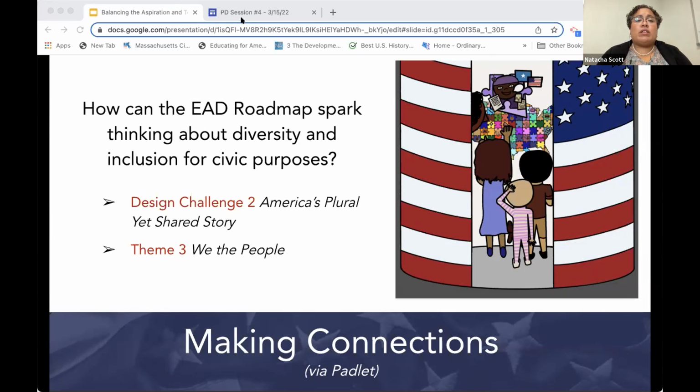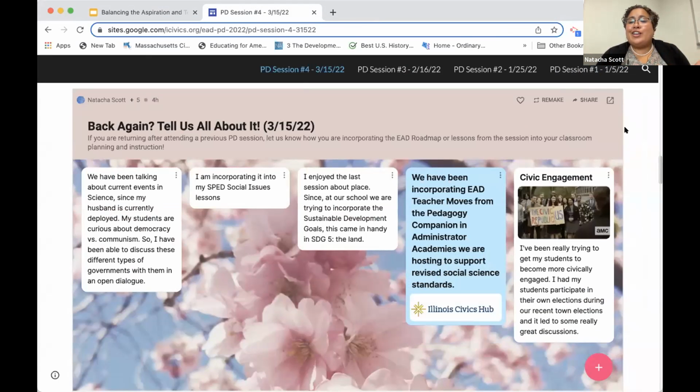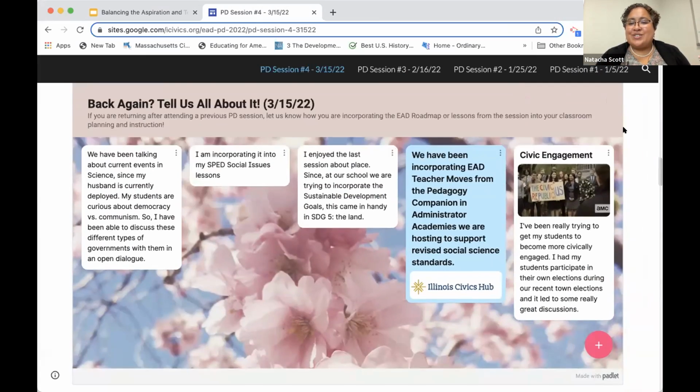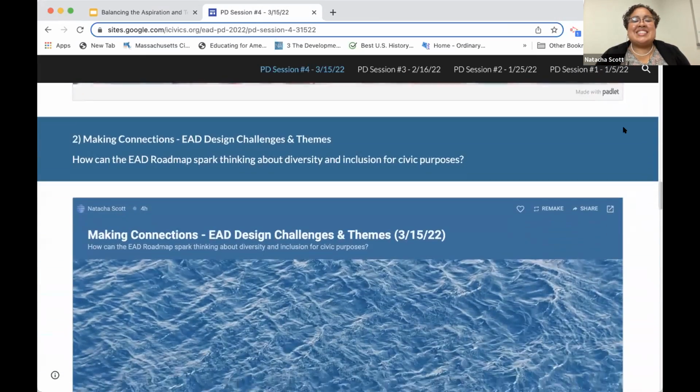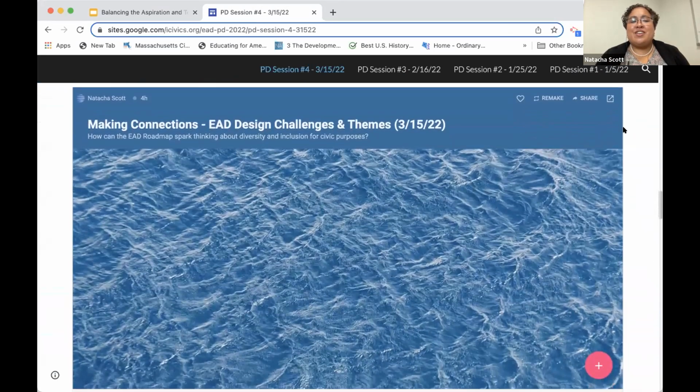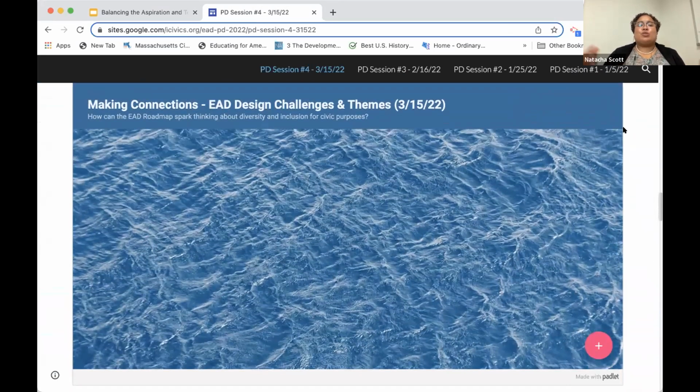You'll see our Padlet for today. And those of you who are just joining us, lovely to see you all here. On your landing site for today, if you scroll down, you can see that question right there: how can the EAD roadmap spark thinking about diversity and inclusion for civic purposes?